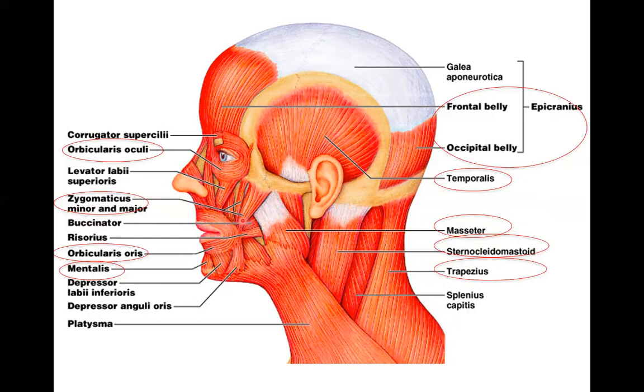But for your purposes, and because of the lack of access to good muscle models, what I do want you guys to be able to identify is only zygomaticus, without identifying the major and minor heads. On the side of your face, you have a large muscle called the masseter, which is involved in the movement of the jawbone, or mandible.